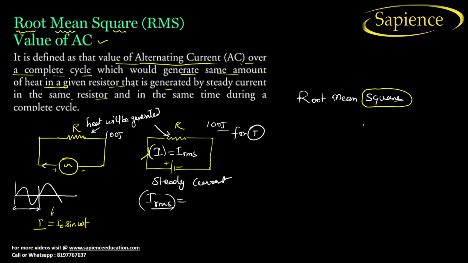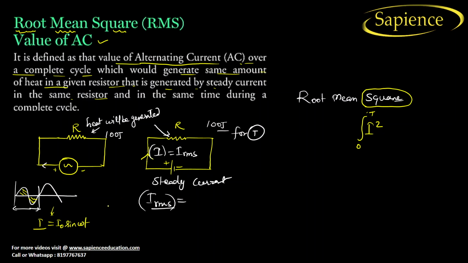From here you need to find the square of I. Square of I over a time period of how much? The amount of current in one cycle is over the time period, so we need to integrate it over a time period of 0 to T only.